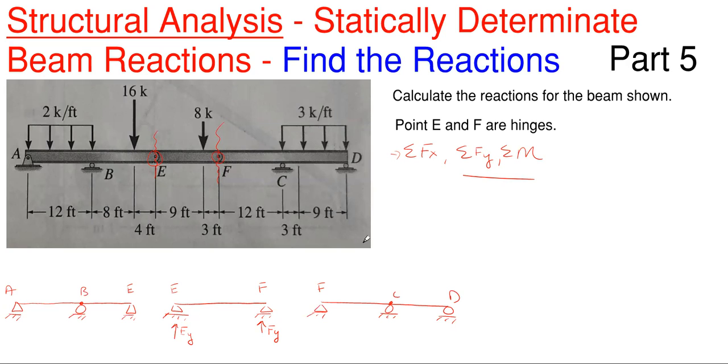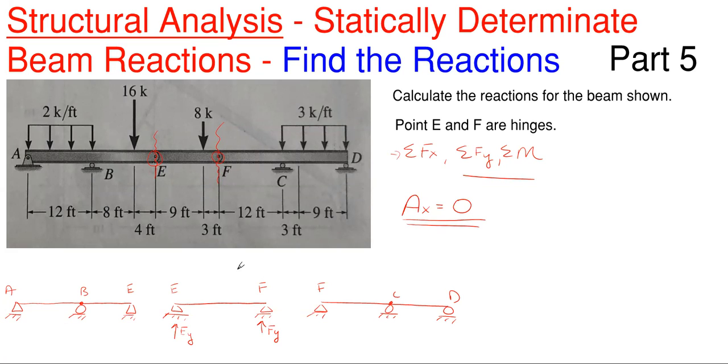Really the only reaction point that has a horizontal reaction is here at A. Since everything is vertical, the horizontal reaction at A is automatically 0. Thus, every other horizontal portion throughout here is going to be 0. So even though E and F are pins, their horizontal forces are going to be 0 as well. That makes life so much easier, since we don't have to worry about that at all.